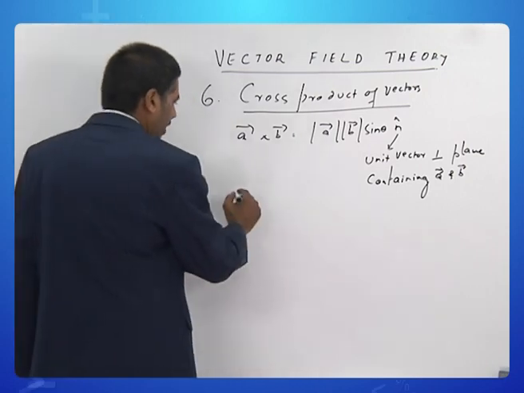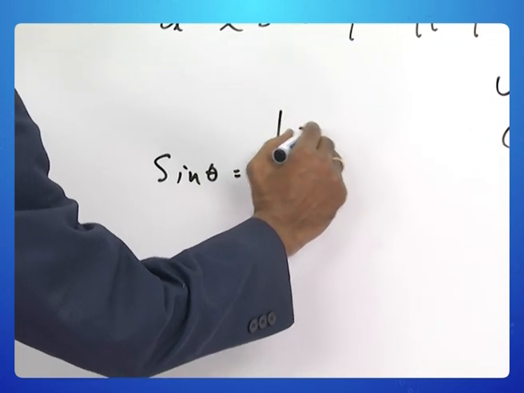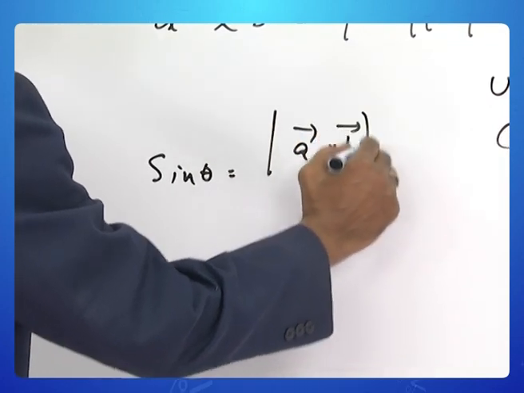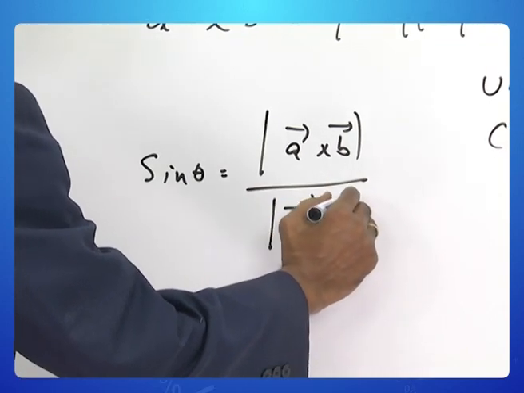So if you want to find the angle between the vectors, you can use the formula magnitude of A cross B divided by the magnitude of A into the magnitude of B.